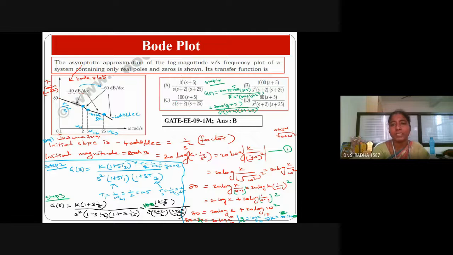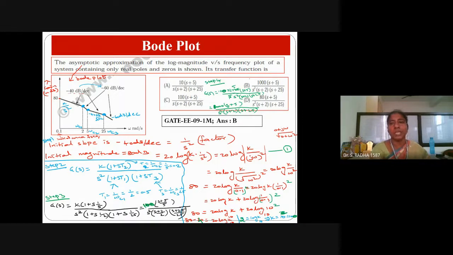So when K is 100, 100 into 10 is 1000. The 2000 was also wrong; it should have been 10,000 in my wrong calculation. But now that it is right, it is 100 into 10, 1000.